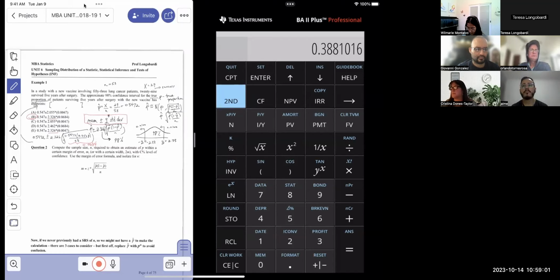This is difficult with all the decimals in it. So 0.3881.